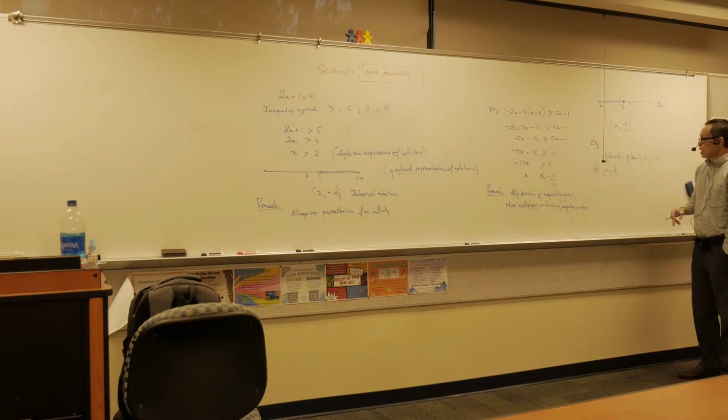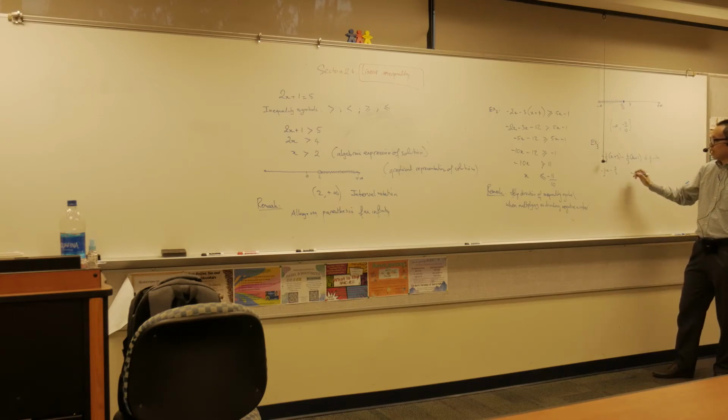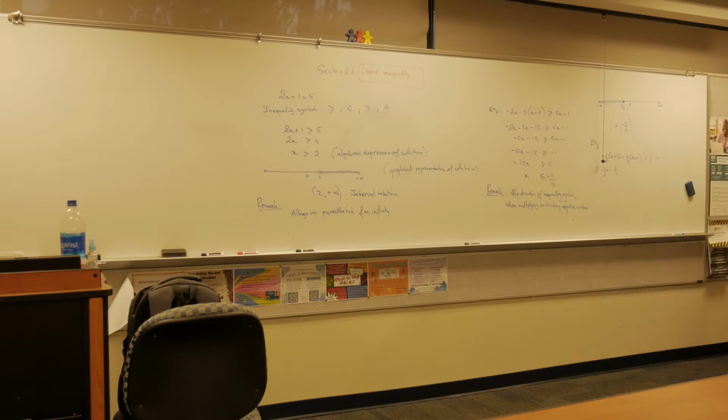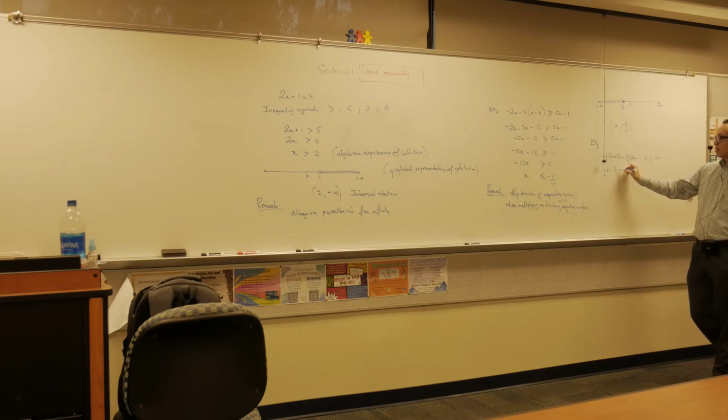How about this one? Negative 4 over 3 times 2x gives you what?